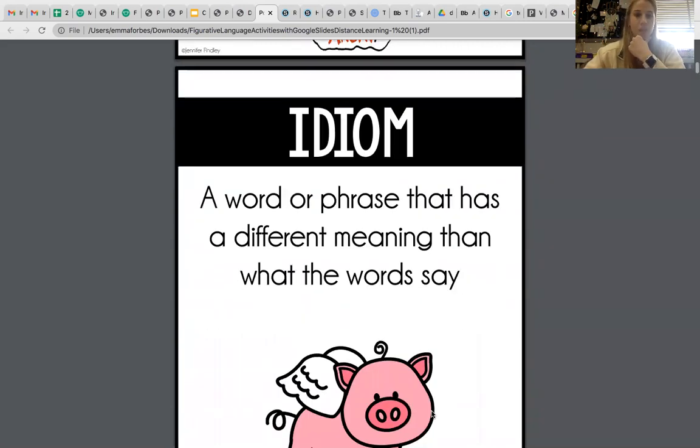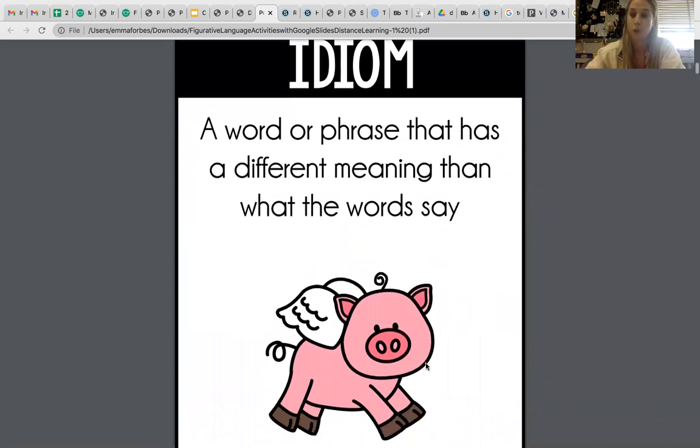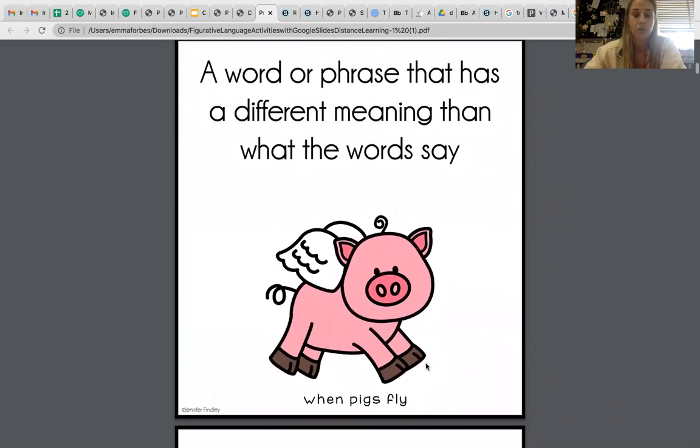An idiom. An idiom is a word or phrase that has a different meaning than what the words say. So, when pigs fly. We know that pigs don't fly, but we use this generally when we're saying that something will never happen. So if a kid says to me, can we have recess during reading?